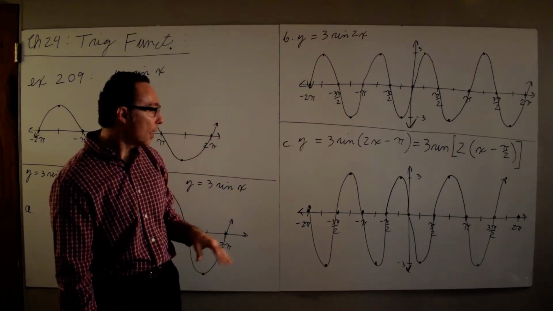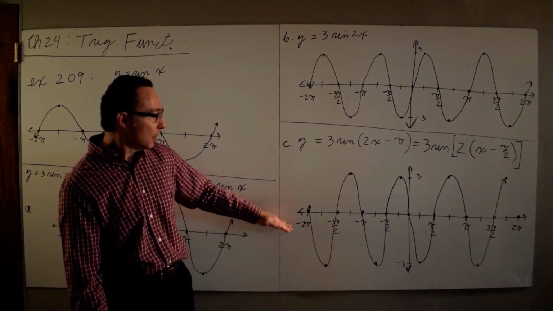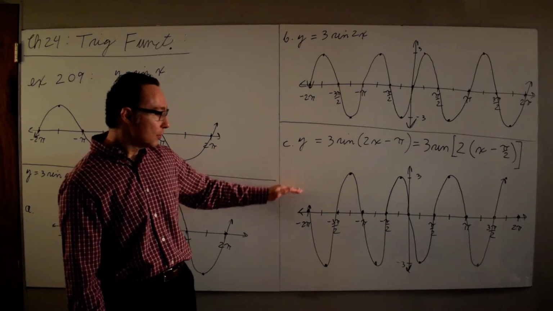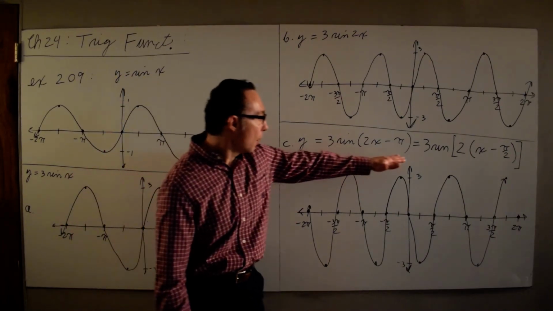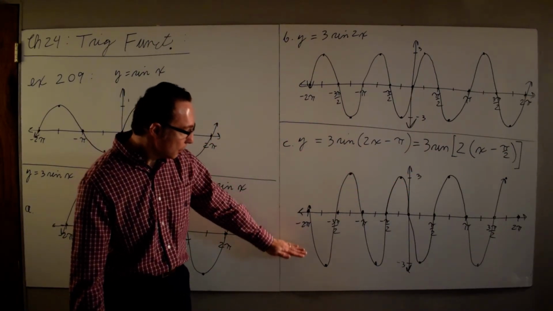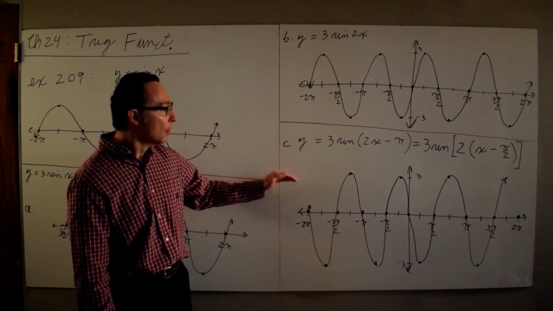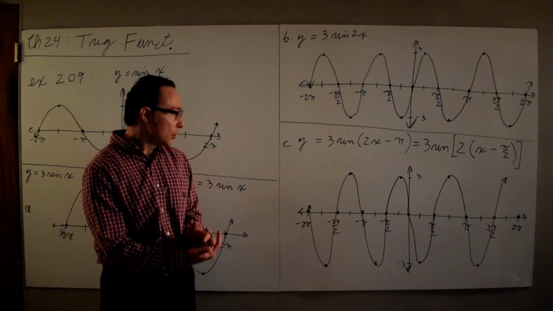You add 1 on the outside, which we didn't do, but I just talked about, that shifts it up if you're adding, and it shifts it down if you're subtracting. So if we took this function and subtracted 1 on the outside, that would shift it down 1 unit. So then our function would go from -4 to +2. What you do on the outside generally affects it vertically and intuitively.